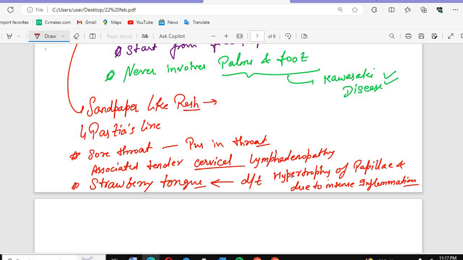So if we have the strawberry tongue, there is associated tender cervical lymphadenopathy. And remember, this is due to hypertrophy.